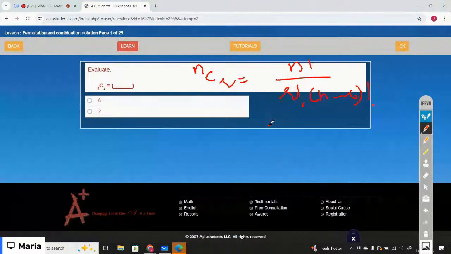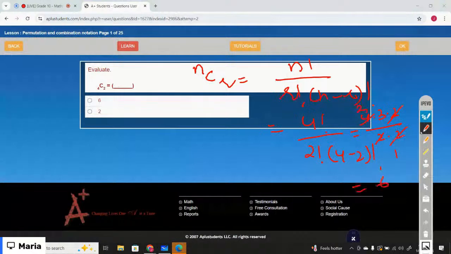So you have to do 4 factorial divided by 2 factorial times 4 minus 2 factorial. That is 4 times 3 times 2 divided by 2 and 2. 2 and 2 cancel out. 2 times 1 is 2, 2 times 2 is 4, 2 times 3 is 6.